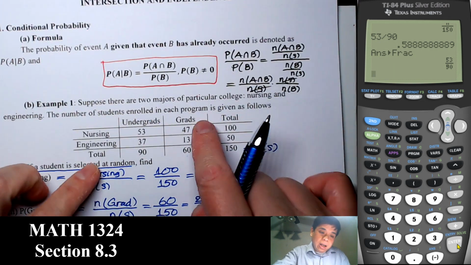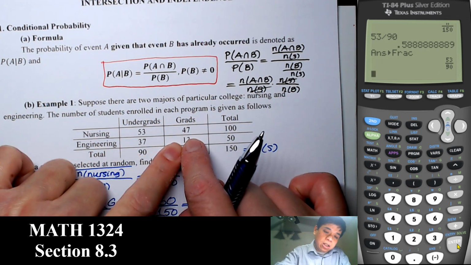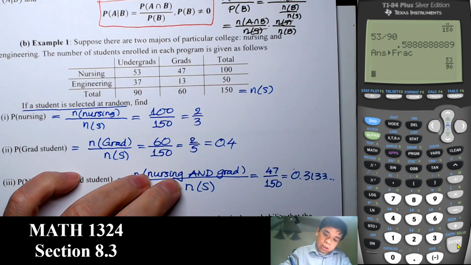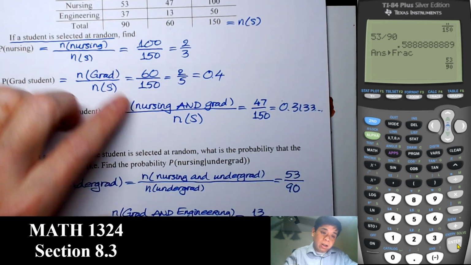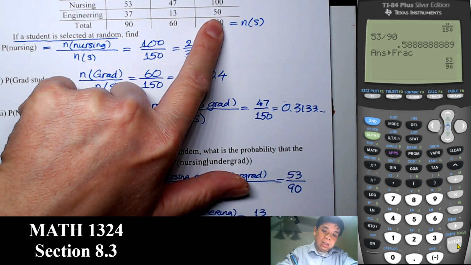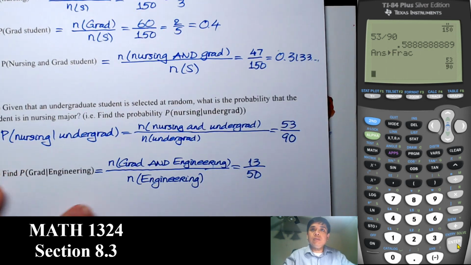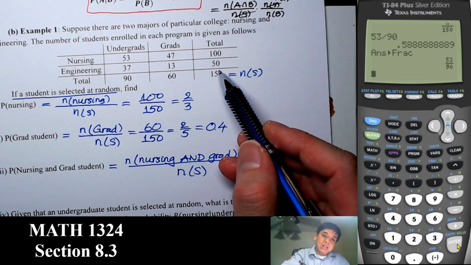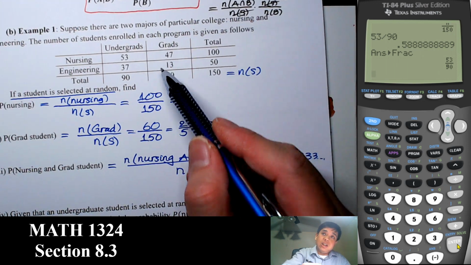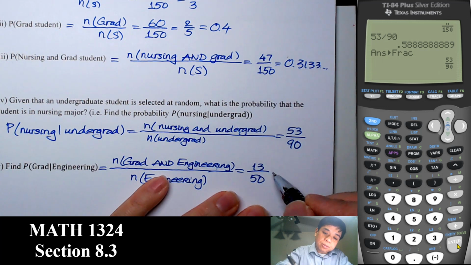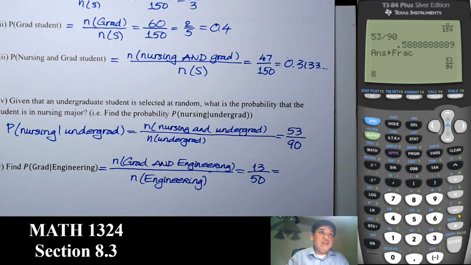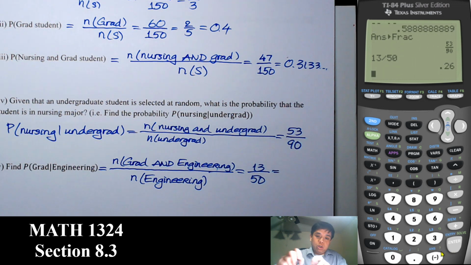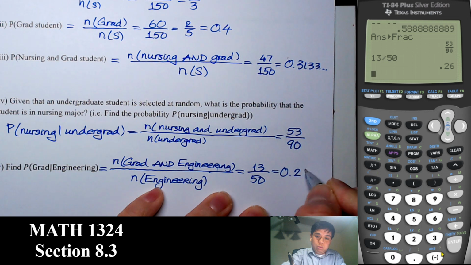Grad and engineering is 13 over all of the engineering, 50. There are 50 engineering total, and out of those, there are 13 graduate students. 13 divided by 50, we cannot reduce this, but we can divide it. So 0.26 or 26%.